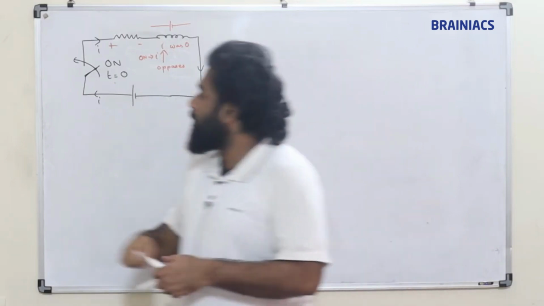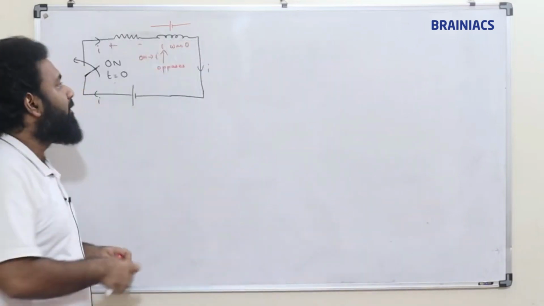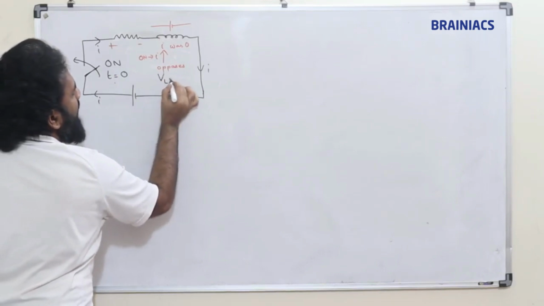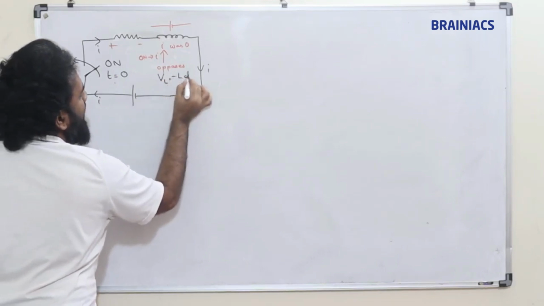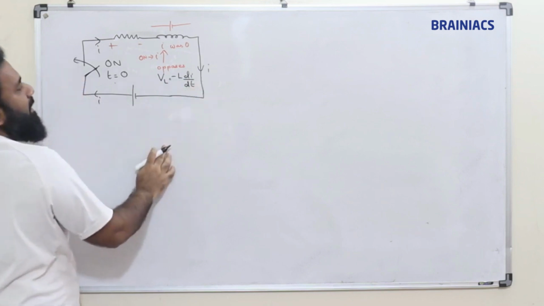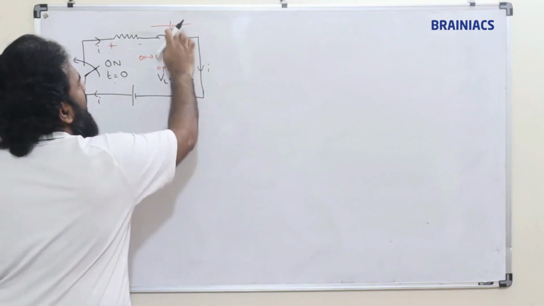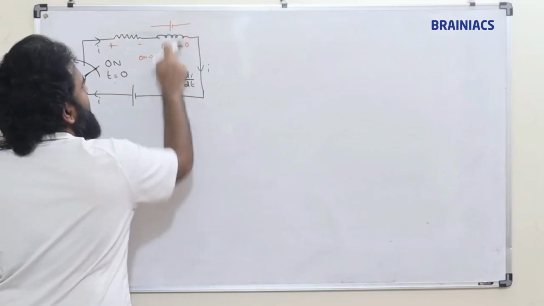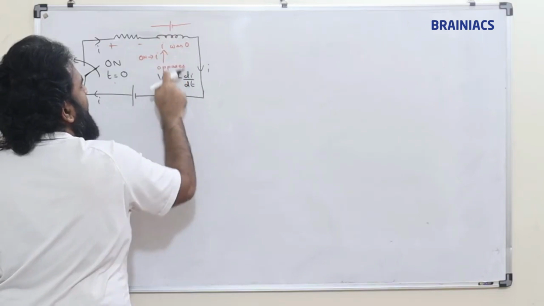Now what will the voltage across the inductor be? Minus L di by dt, minus L di by dt. Now this polarity is negative and this polarity will be matching, correct?